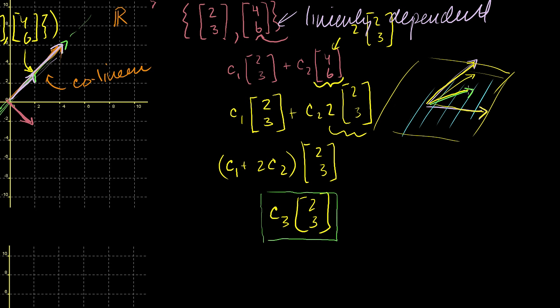So if this vector is on that plane, it can be represented as a linear combination of that vector and that vector. So this green vector I added isn't going to add anything to the span of our set of vectors, and that's because this is a linearly dependent set. This one can be represented by a sum of that one and that one.